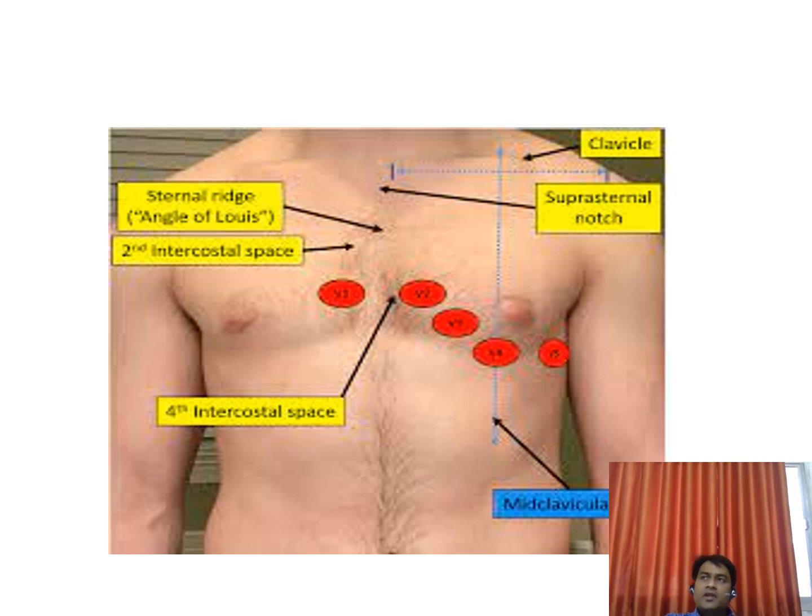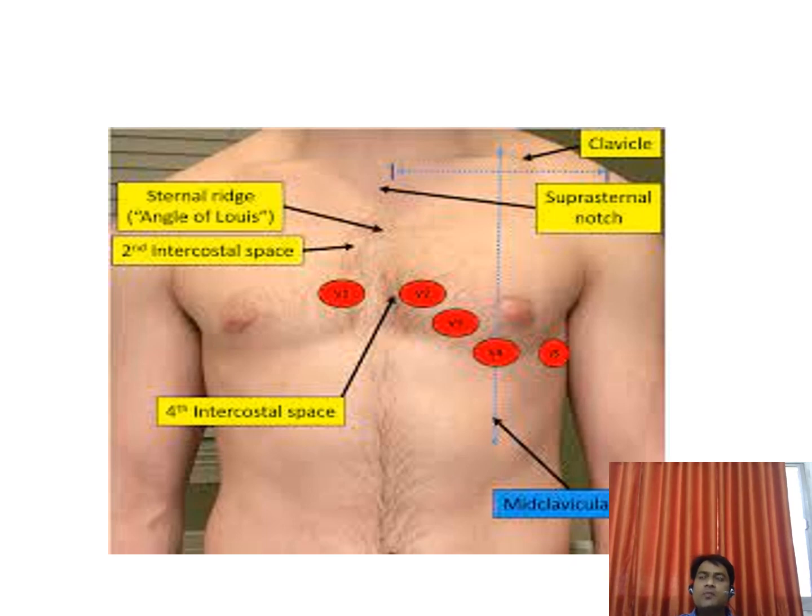In augmented limb leads, instead of connecting all three limbs through a high voltage resistance, only two limbs are connected through it. The limb on which the active electrode is kept is disconnected from the combination of the three limbs.